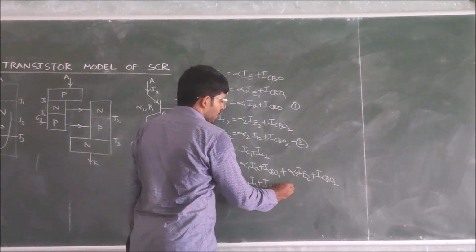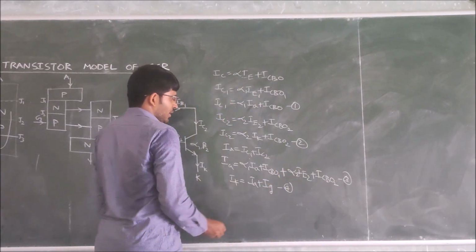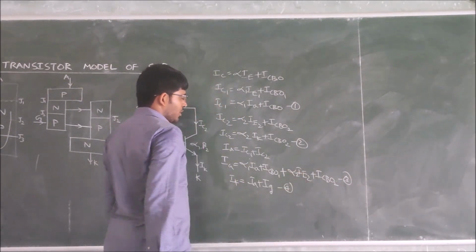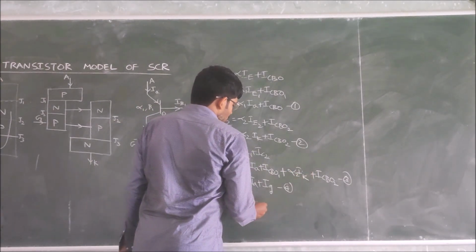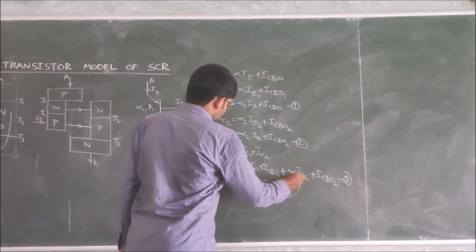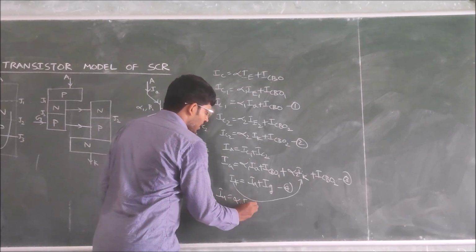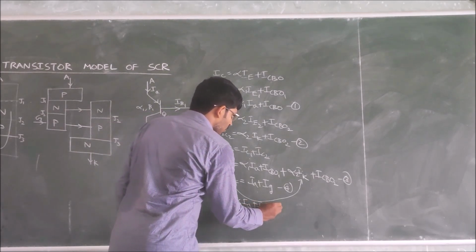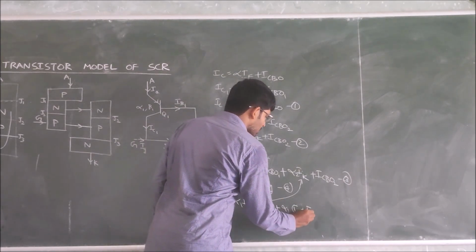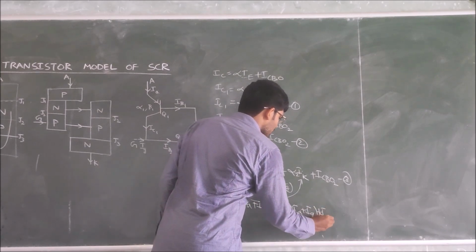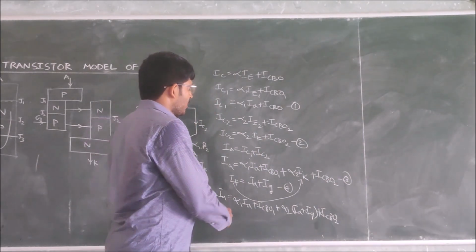Therefore, substituting equation 4 in equation 3, this IE2 is nothing but the cathode current IK, so I am substituting this IK here. Now IA is equal to alpha 1 IA plus ICBO1 plus alpha 2 into (IA plus IG) plus ICBO2. This is the final expression.